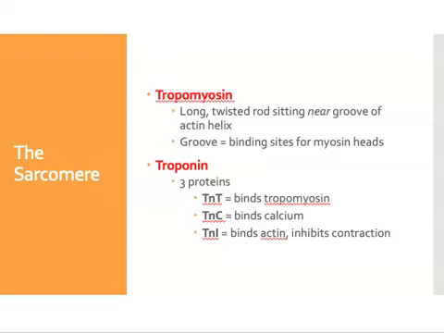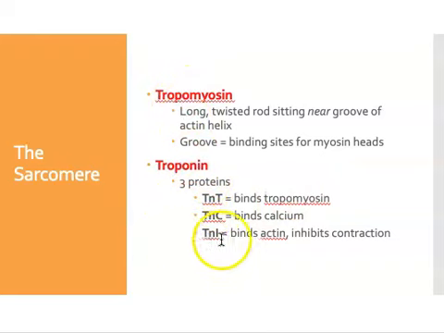Now remember, troponin, we said, has three individual parts to it. It's three proteins that function together as a unit. The TNT part of it, the T stands for tropomyosin. So troponin is bound to tropomyosin.